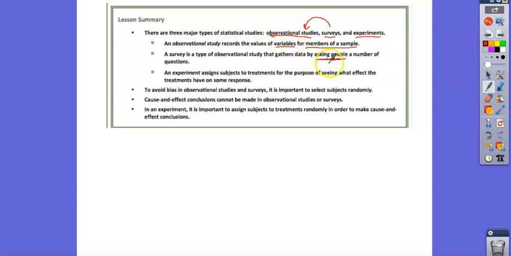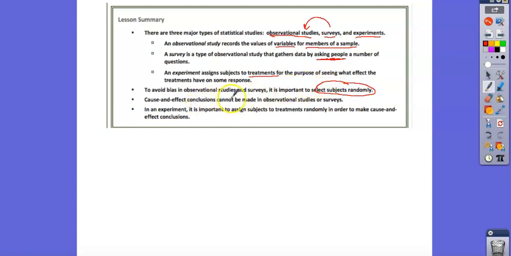You're going to ask people particular questions to get your data. An experiment assigns subjects to treatments for the purpose of seeing what effect the treatments have on some response. To avoid bias in observational studies and surveys, you have to select your subjects randomly.